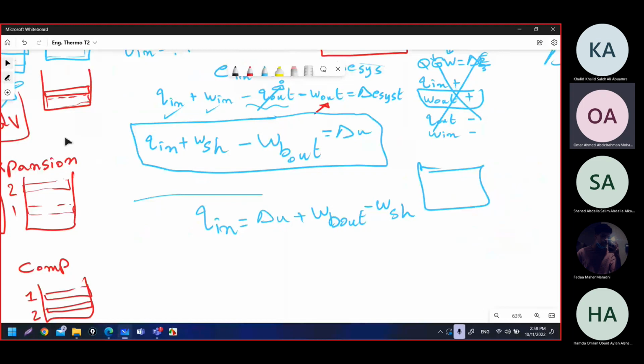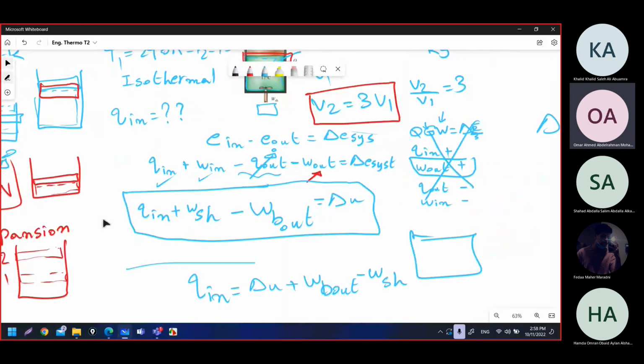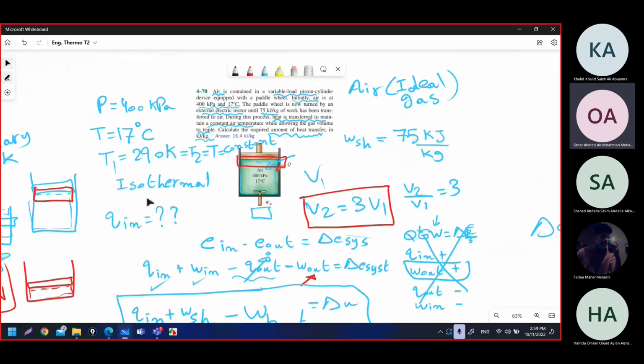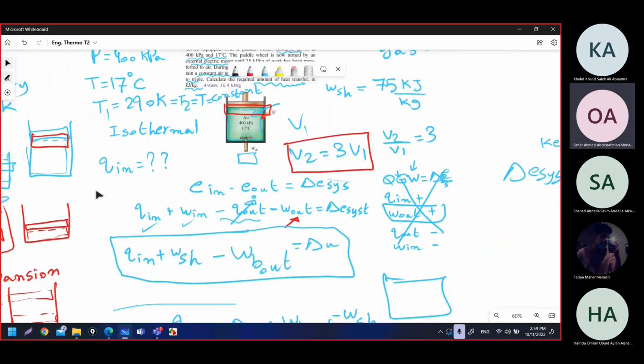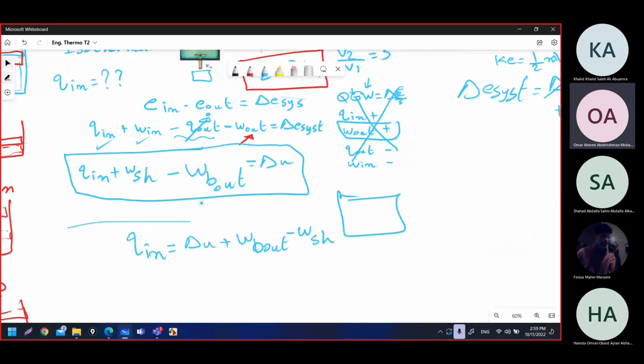He said in the question that the temperature is constant, right? It is an isothermal process. If the temperature is constant, it means that delta U is equal to 0. Why?